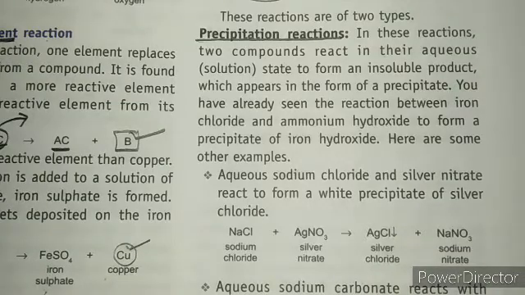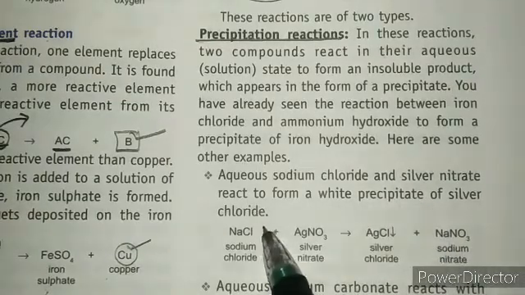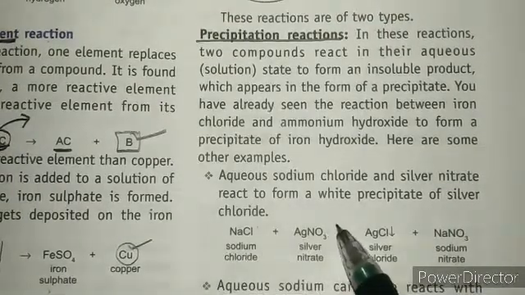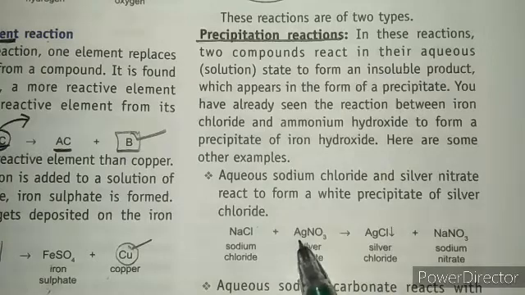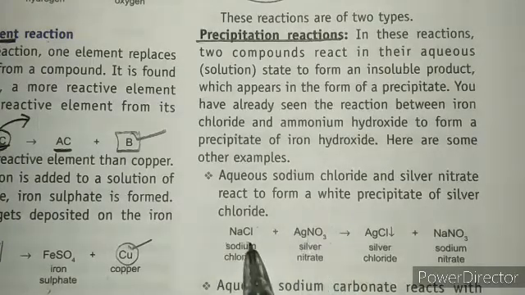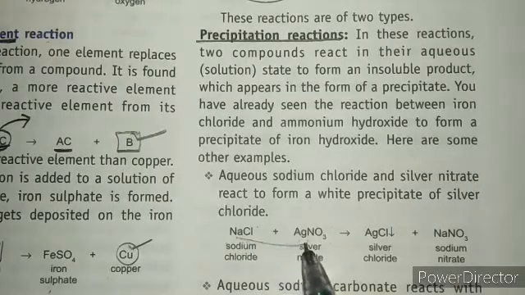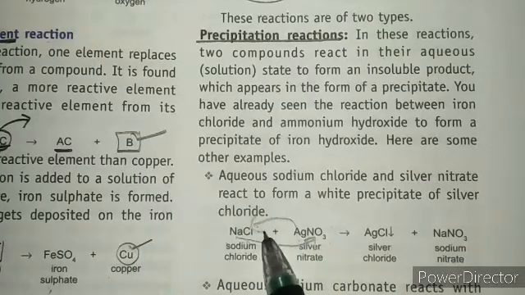For example, we have NaCl, common salt, and it reacts with AgNO3, that means silver nitrate. When this reacts they just change position, like this reacts with this and this reacts with this.